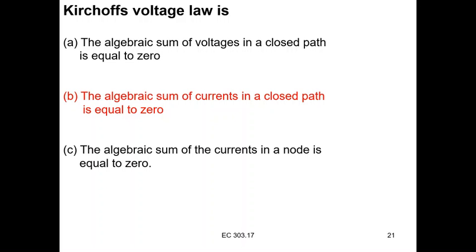The answer is A. That is, the algebraic sum of voltages in a closed path is equal to 0.